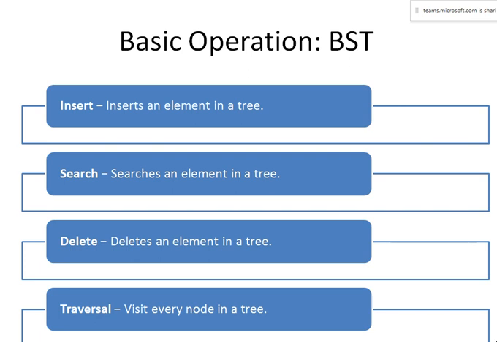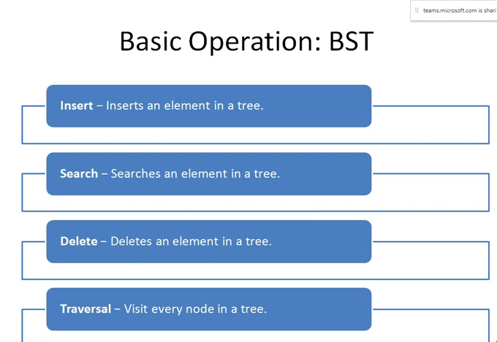Now there are basic operations associated with binary search tree. The first operation is insertion. Here you will be inserting elements in a tree, adding new nodes in a tree. The second operation is search. Search means you're looking for a particular data element or value in the binary search tree.